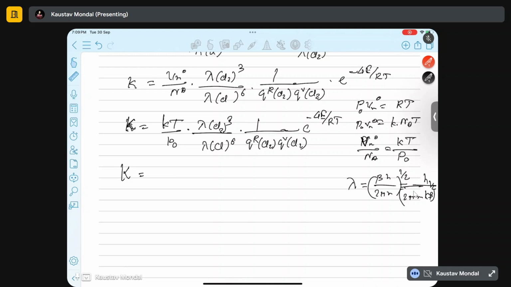Or what you can do, kT into P0, if you substitute this, the first would be some constant, let's suppose M into T to the power 3 by 2, right? Here this would be M into T to the power 6 by 2, right?